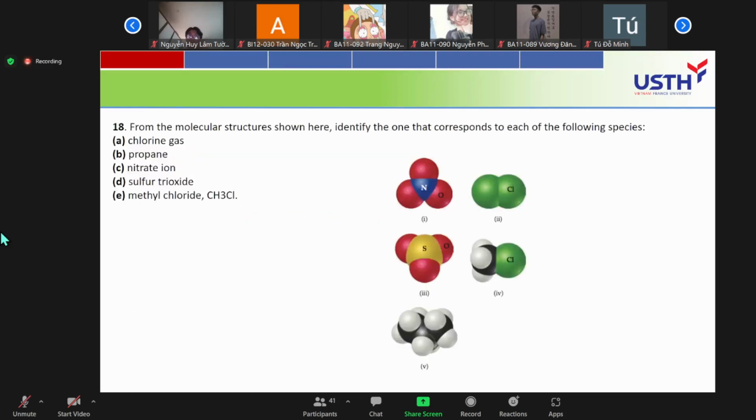So exercise number 18 relates to the molecular structures shown here. You have 5 structures, and it's quite simple because you have the names of the items.